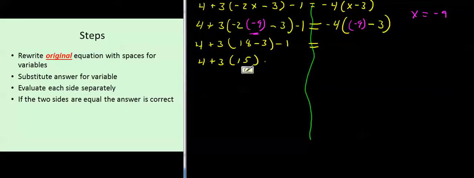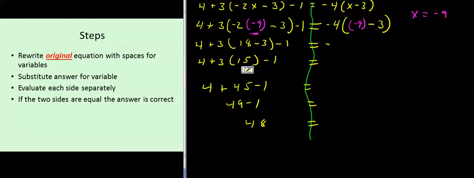I don't want that there. Minus 1 equals 3 times 15 is 45. Minus 1. 49 minus 1 equals 48. So the left-hand side is equal to 48.